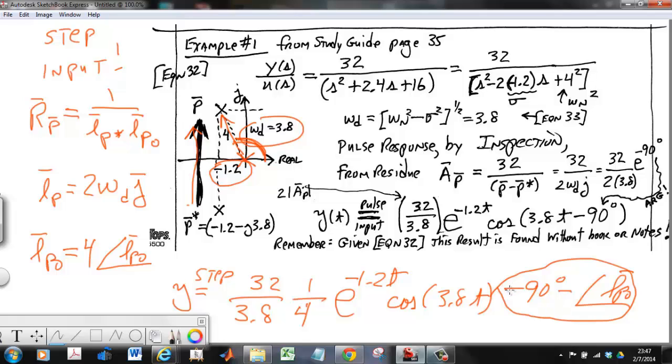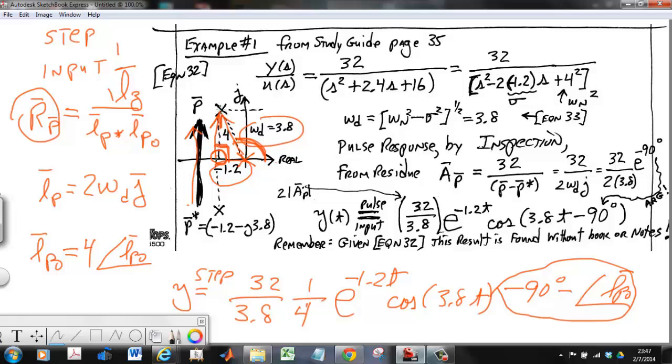Now, I'm not going to do this, but suppose I wanted to get rid of at least 90 degrees of phase. How could I get rid of 90 degrees of phase loss in my angle over here? Well, how about putting a 0 right there? If I put a 0 right there, then when I evaluated my residue, I'd have an LZ in the numerator. And an LZ would add 90 degrees, right?